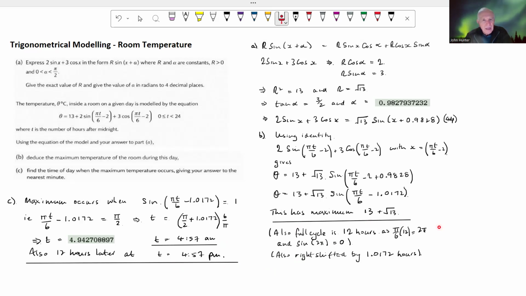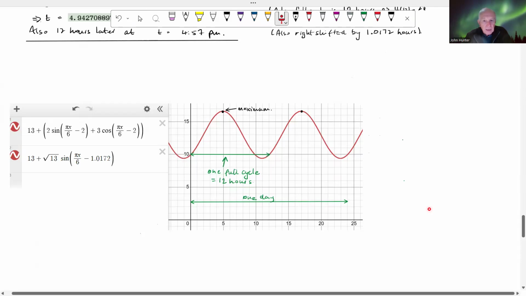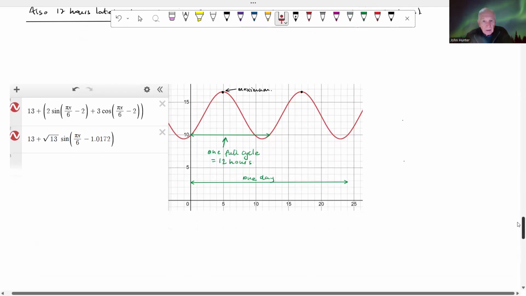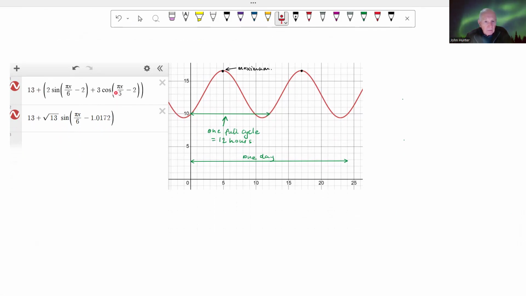But normally, as I say, these problems tend to be fairly robust in how plausible and true to real life they are. This, incidentally, is courtesy of Desmos. I put the function here in its two forms. This is the raw form, the first one given by the question, and this is the transformed one. There's only one graph here, because these two sit on top of each other.